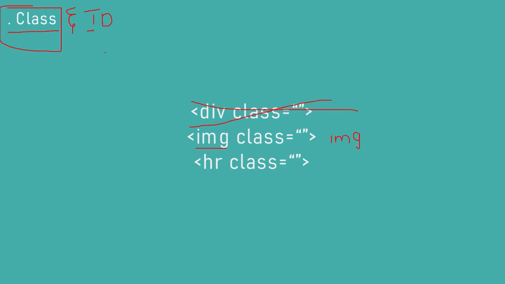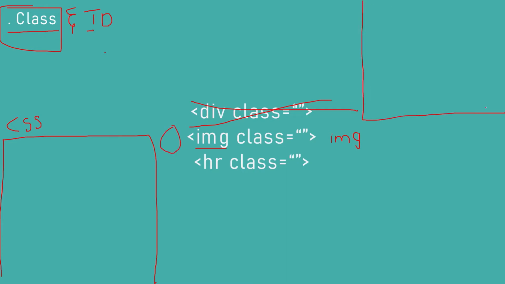If we target the image tag in the CSS, let's say this is the CSS file over here. Let's draw the file for clear understanding. I want to edit this image. Let's imagine there is a website with a circular logo, and this is a rectangular image.